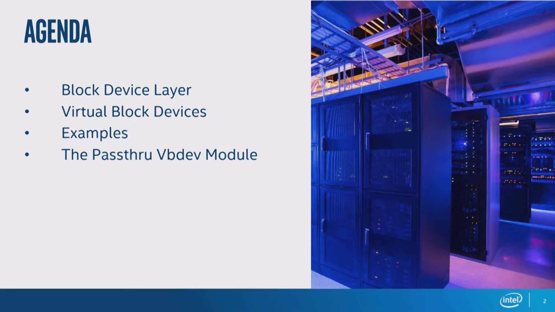There are a bunch of them in the repo, so I'll talk about a few of those. And then we'll talk about the pass-through bdev module, a preview of tomorrow's lab. If you go to John's lab tomorrow, you'll get to get in there and toy with the code, play around with the bdev pass-through module, run some experiments, and really get a feel for the power of virtual block devices.